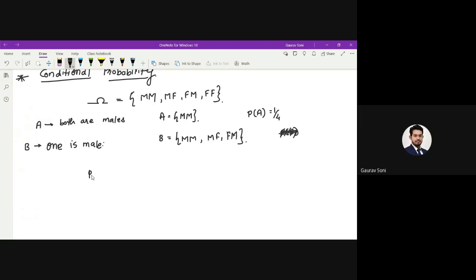What I'm saying is B has occurred. Then what is the probability of A? 1 by 3. Is everyone clear with this 1/3?